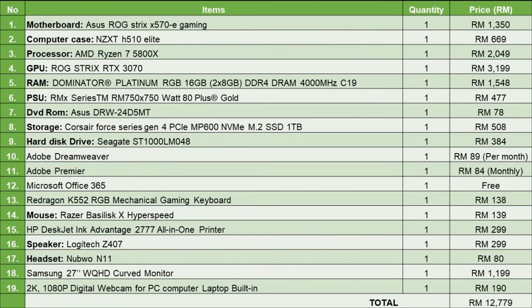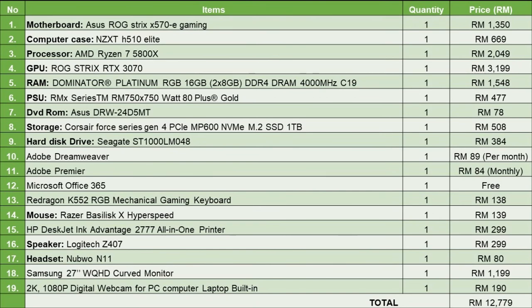For price consideration, this is the price consideration that we suggest for Nawal's computer. First is the motherboard. The price of the motherboard is 1,350 ringgit. For the computer case, the item is 669 ringgit. For the processor, the price is 2,049 ringgit. For the GPU, the price is 3,199 ringgit.